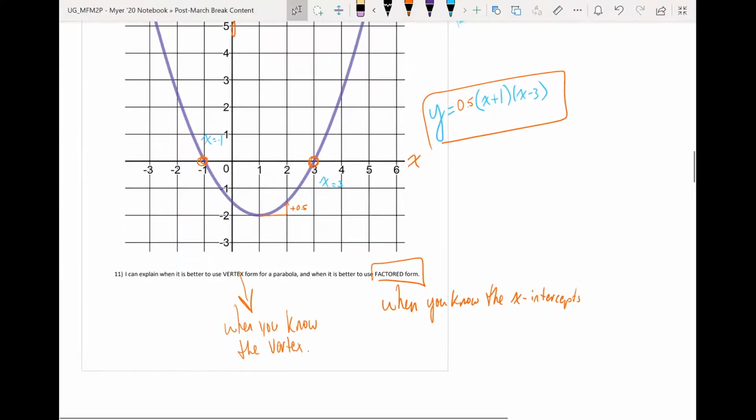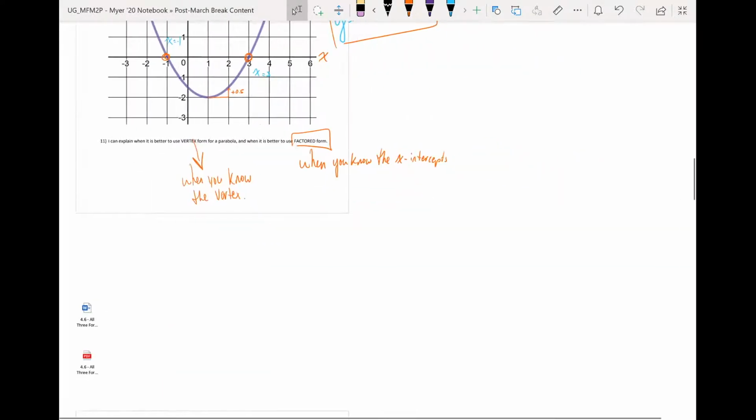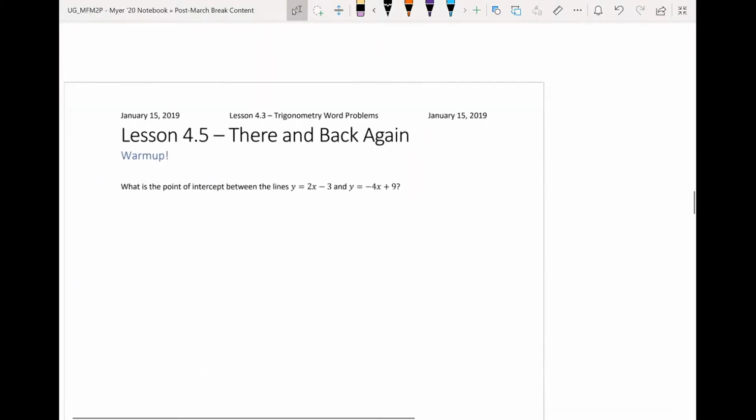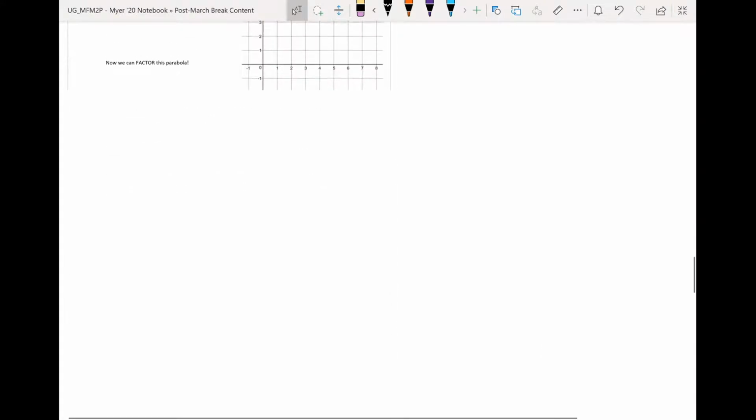Vertex form works better when you know the vertex. Basically, likewise. Let's look at a couple more examples because that was too quick. I'll stick with the parabolas for a second. Let's go down to more of my parabola questions here.